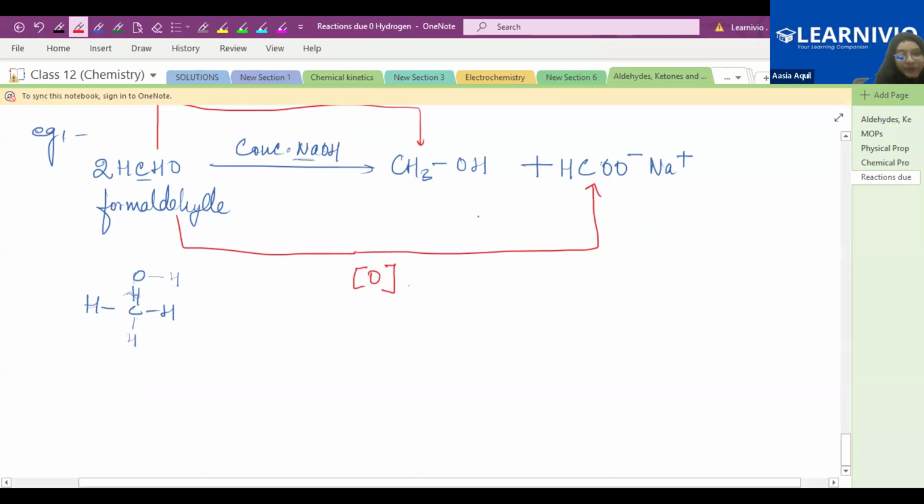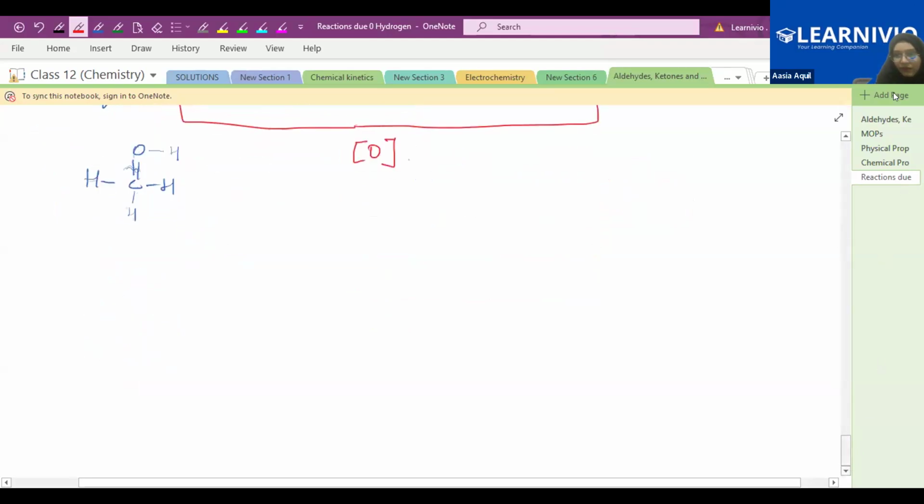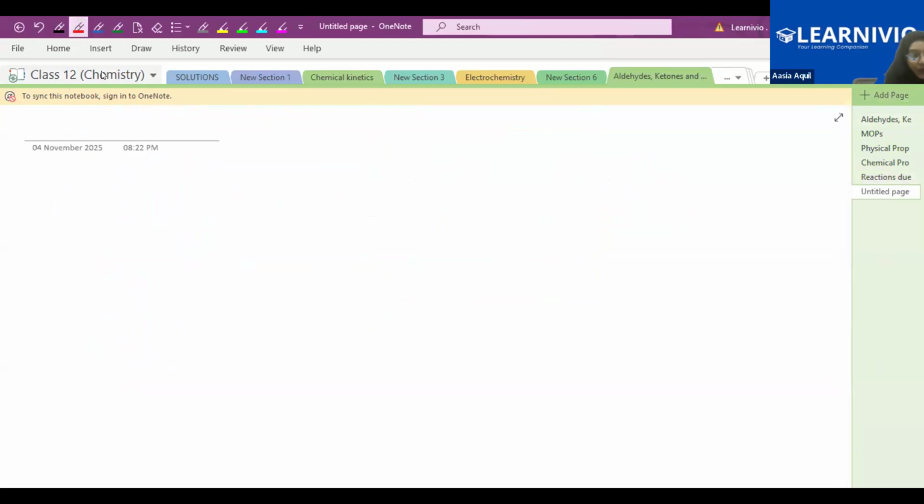Okay, so now let's move further. Suppose I'm writing it: determination of reactant.